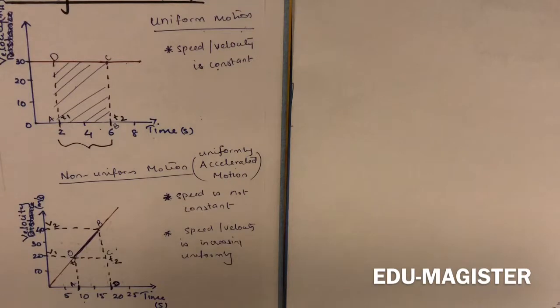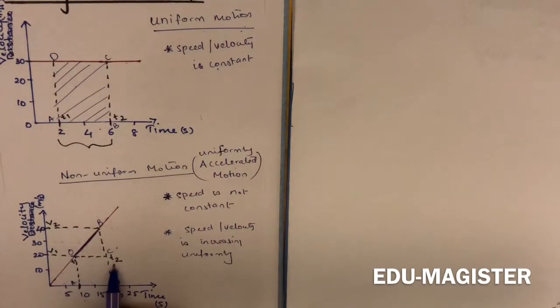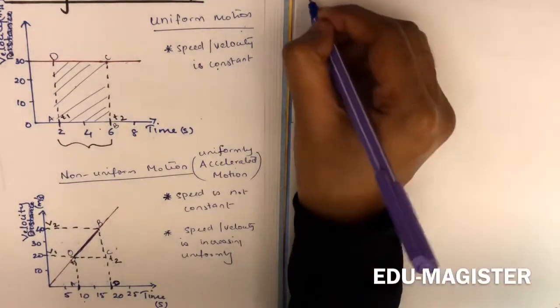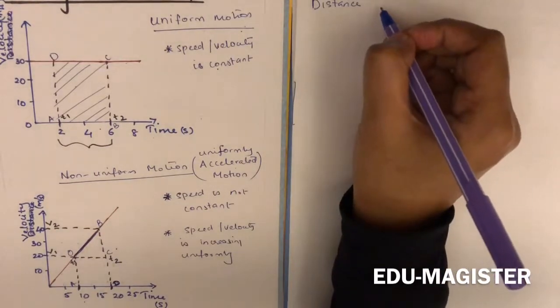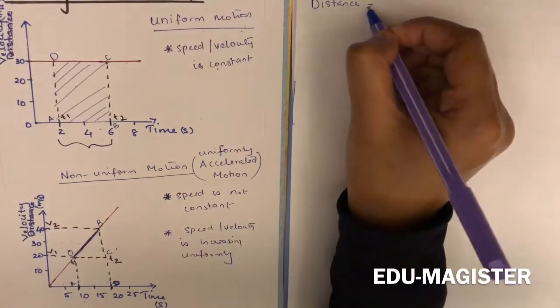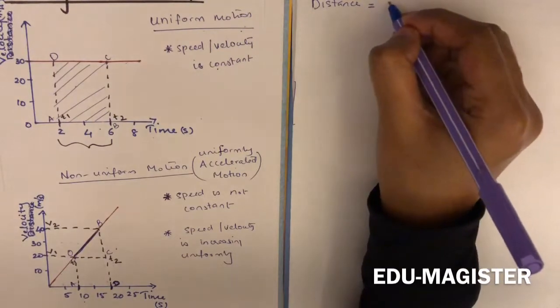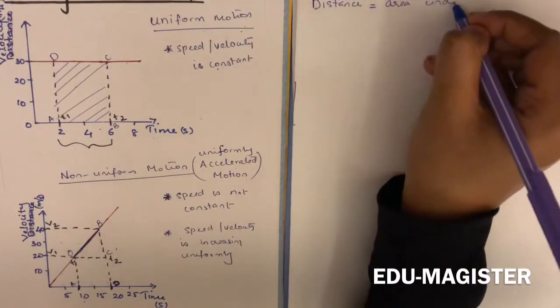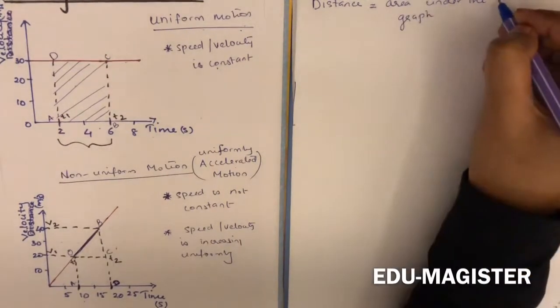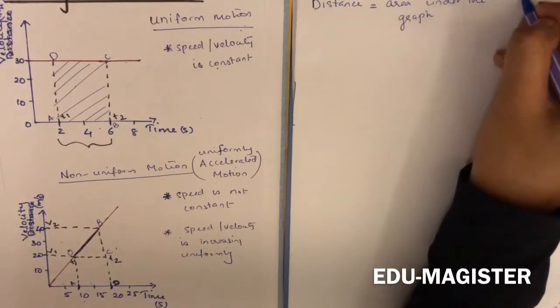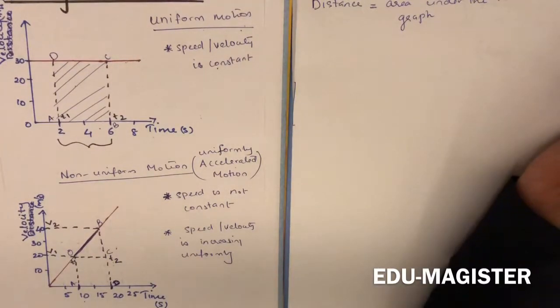Now in case you want to find the distance covered in the case of non-uniform motion, how will you do that? Let's consider the same time interval T1 and T2. We have previously discussed that the distance covered by the object from a velocity time graph is given by the area under the velocity time graph, right?